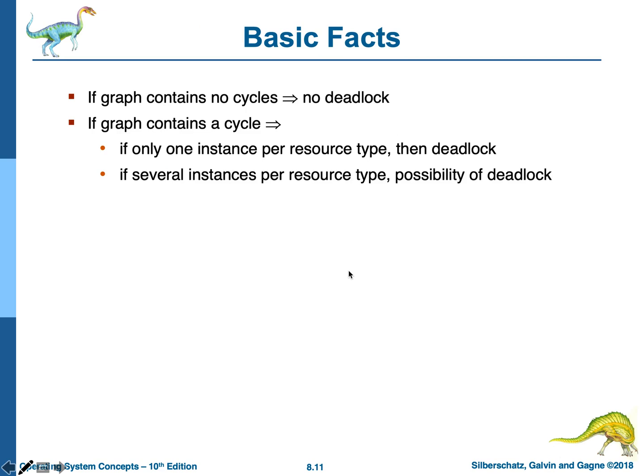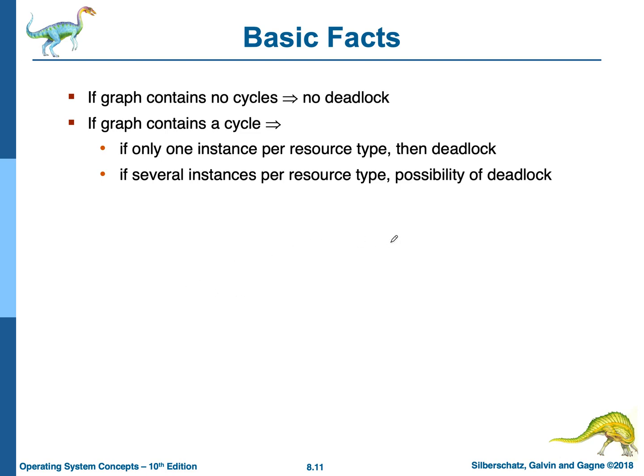So the basic facts about deadlock are that if a graph contains no cycle, then there is no deadlock. If a graph contains a cycle, then we'll see the resources. If only one instance per resource type, then there is a deadlock.